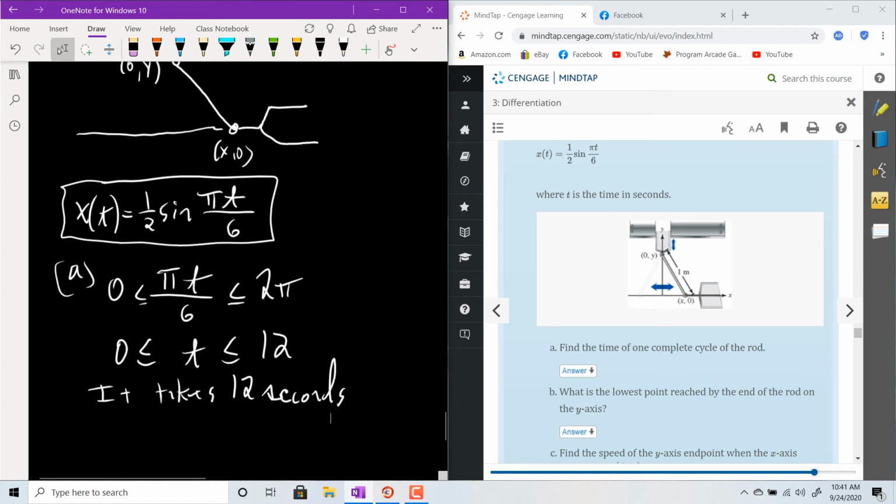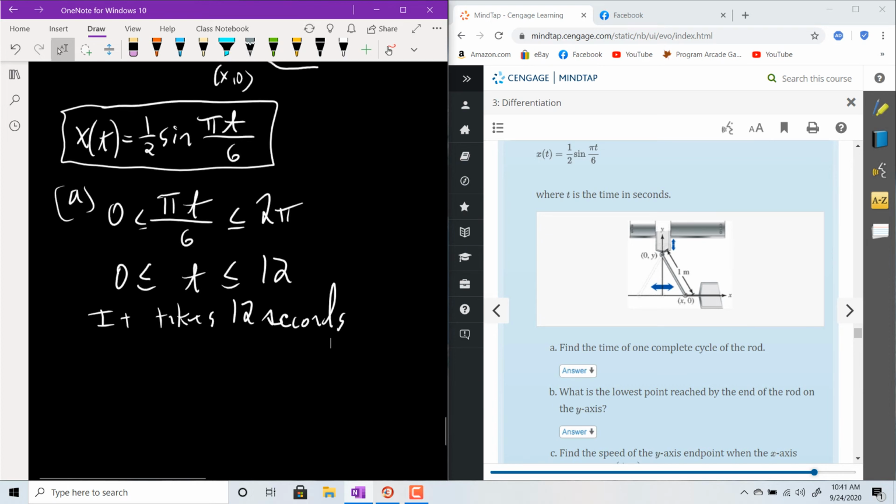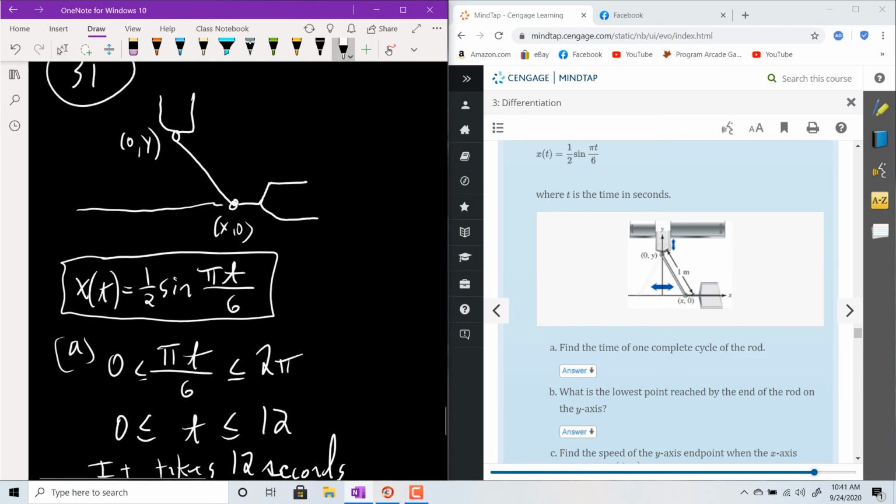What's the lowest point reached by the end of the rod on the y-axis? You have to think about this in terms of the mechanism. As this rod goes all the way to the right, then this other piston is going to achieve its lowest point.